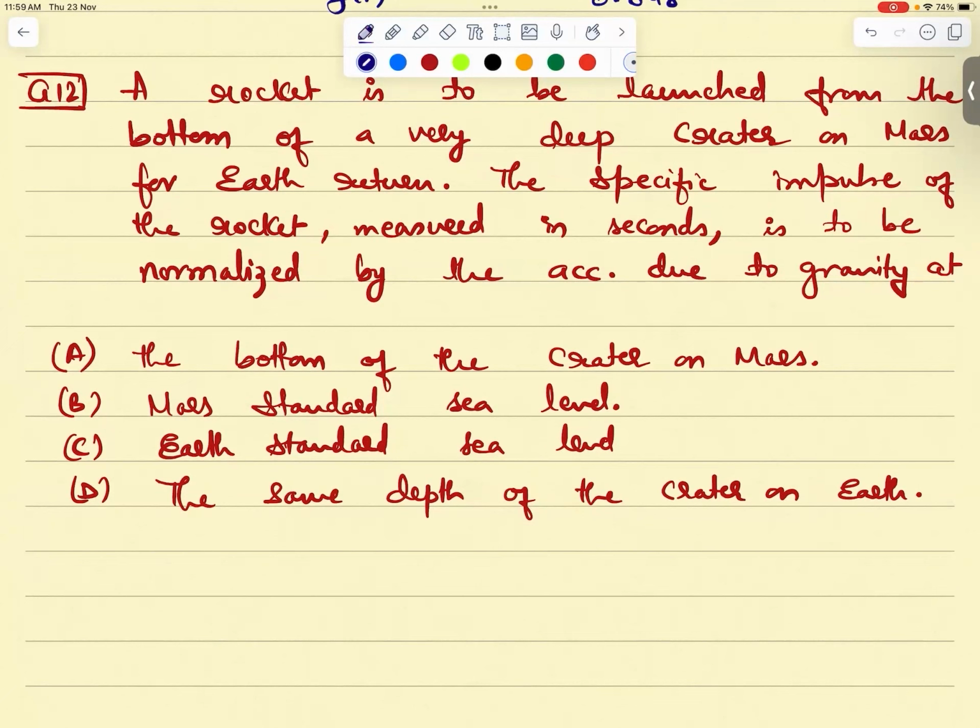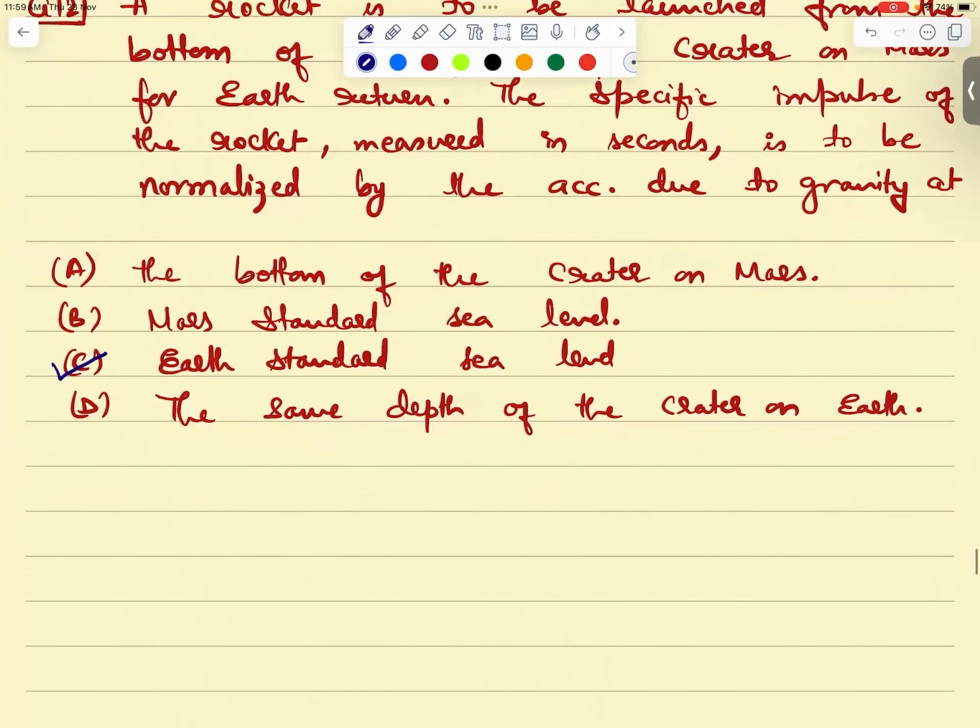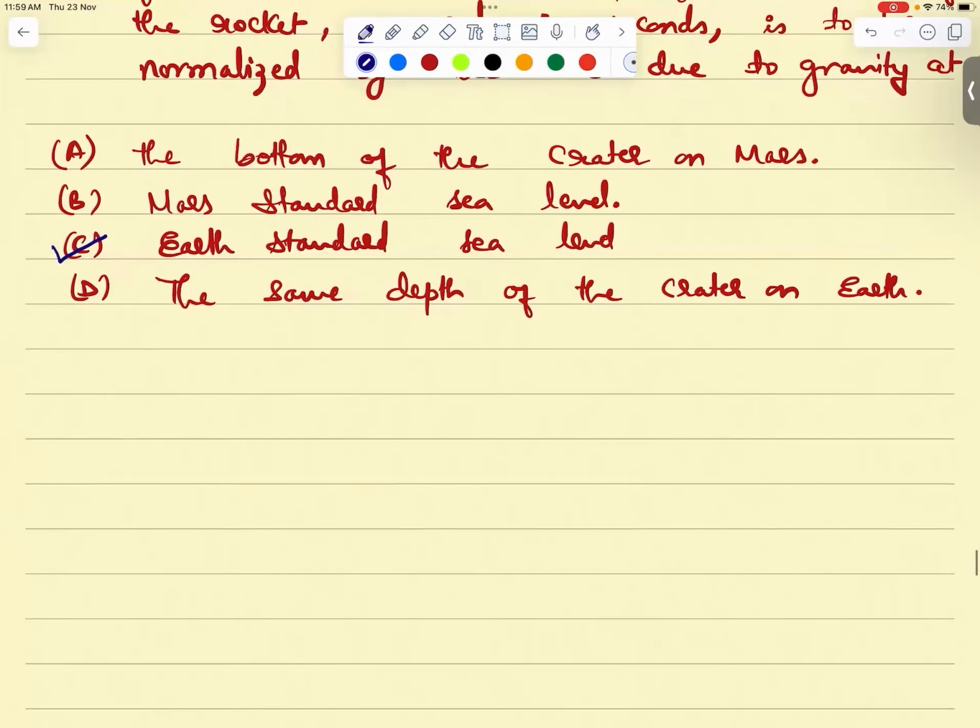So we will always take g, sir. ये प्रोपेलेंट बनाया कहाँ पे? रॉकेट छोड़ दो. प्रोपेलेंट कहाँ बनाया? अर्थ पे. तो उसका स्केलिंग अर्थ पे हो. आईएसपी प्रोपेलेंट के लिए फिक्स है, रॉकेट के लिए नहीं. रॉकेट का डिजाइन तो आप मार्स पे भी असेंबल करके नया बना सकते हो, but scaling, Isp depends on the propellant. Manufacturing of the propellant on Mars, I don't know when that will happen. Okay, so this should be Earth standard sea level. Hope this is clear, everyone.